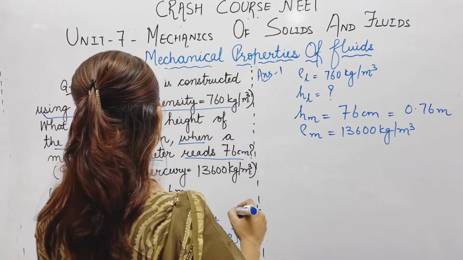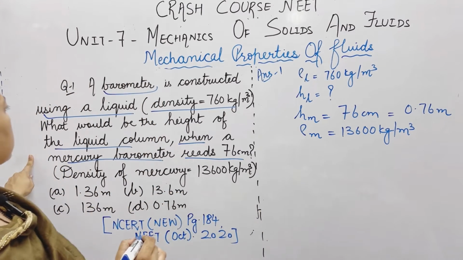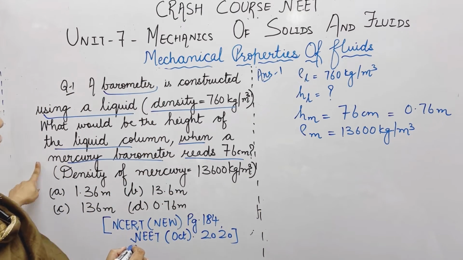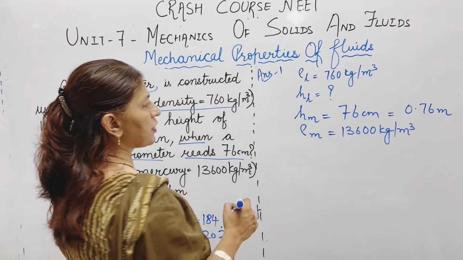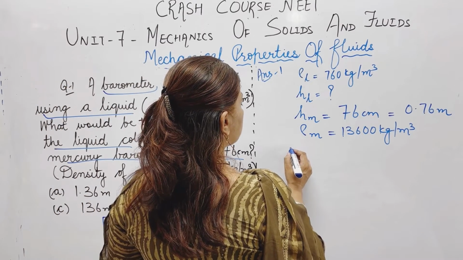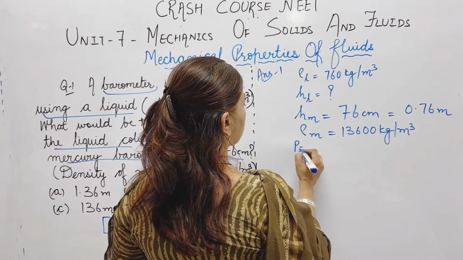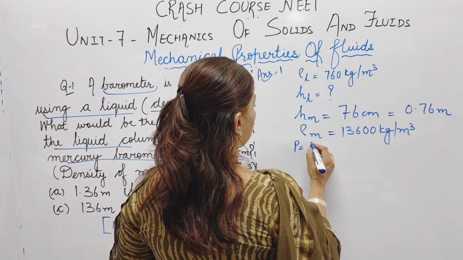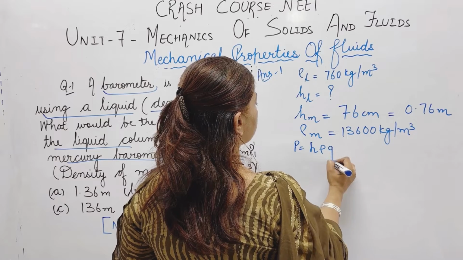To solve this, it has been mentioned the barometer is constructed and the height of the liquid is given. Since pressure is the same in both cases, the formula for pressure is P is equal to h rho g.